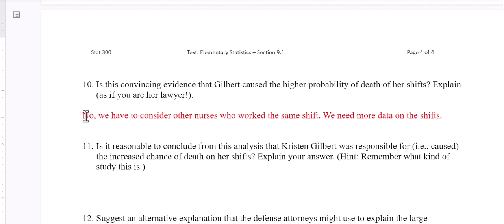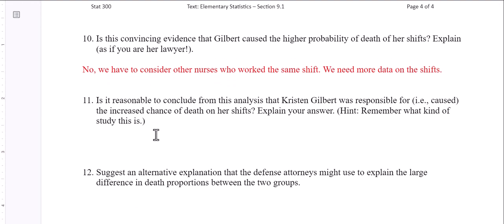Some of the ideas that came up for me are: no, we have to consider other nurses who work the same shift, and we need more data on the shifts. Email me any of the other reasons you have, or maybe this will be a good thing to put in a discussion. What are some of the other things people come up with? Maybe share them out.